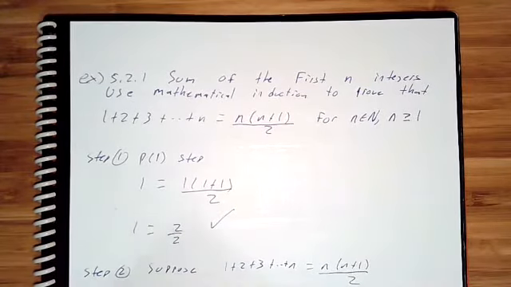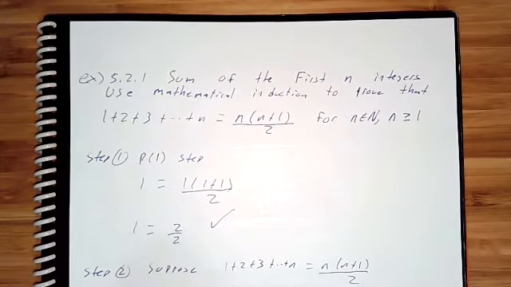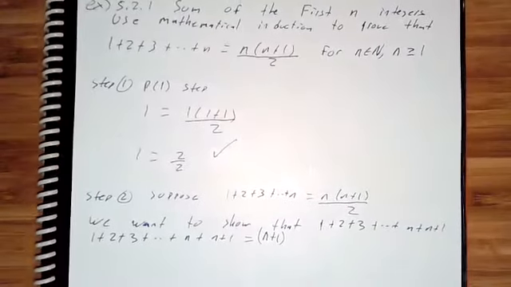We want to show that 1 plus 2 plus 3 plus n plus 1 more. Let me write it over here. 1 plus 2 plus 3 plus n plus 1 more is equal to n plus 1, right? I just add 1 more. Sorry, not on the screen there.